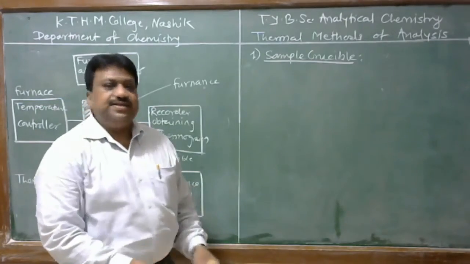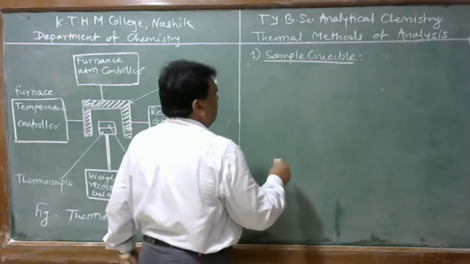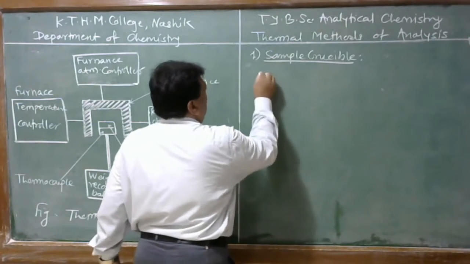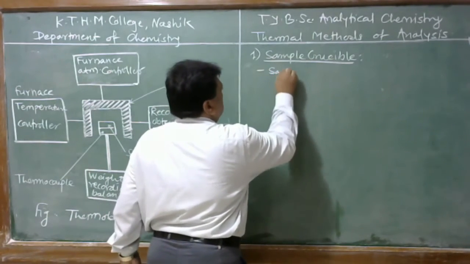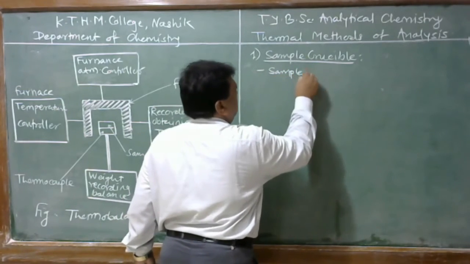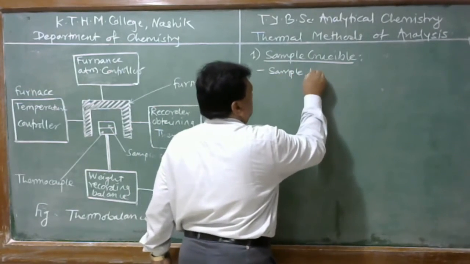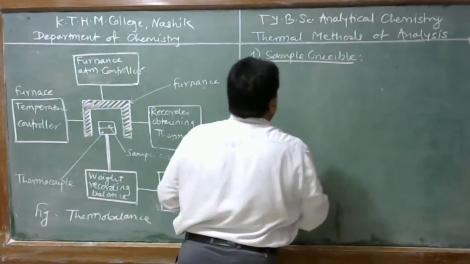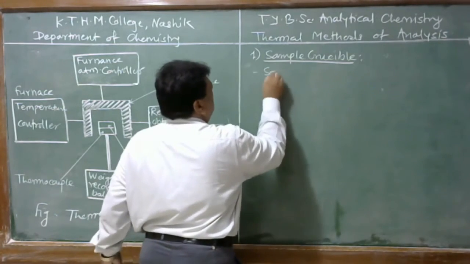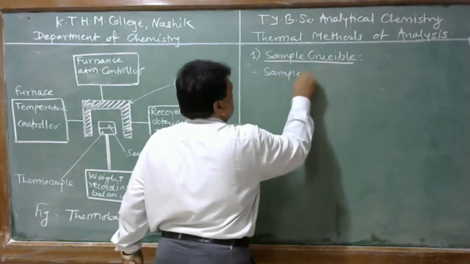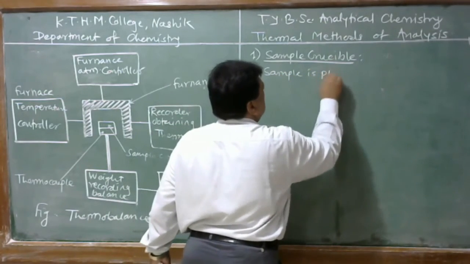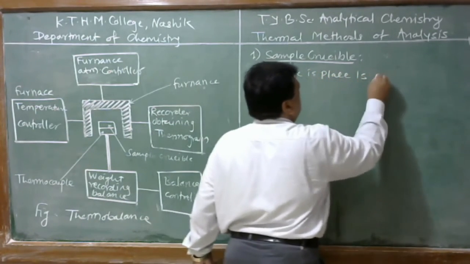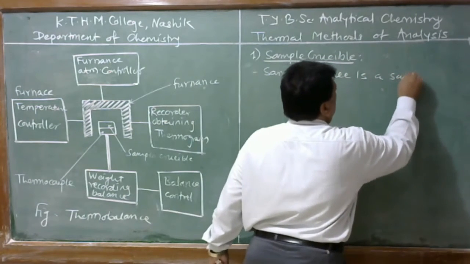The first component is the sample crucible or sample cell, the sample holder. This sample holder is a compartment where the sample is placed.